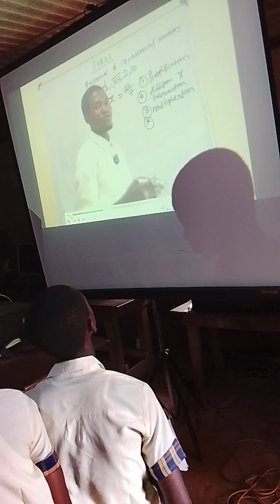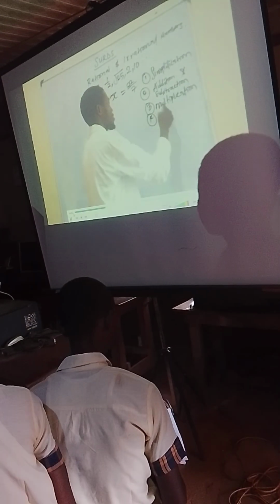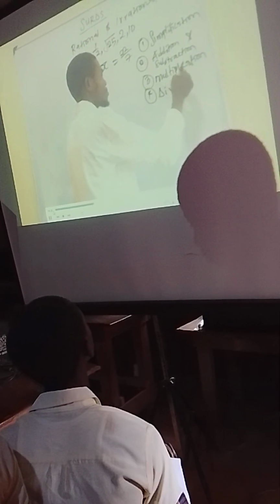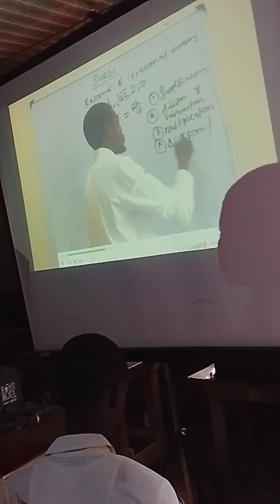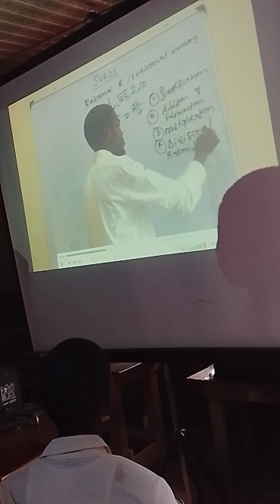It is in division that we are going to do a lot of work, and this is where the main challenge lies. So either you call it division or rationalization. Either you call it division or rationalization of surds.